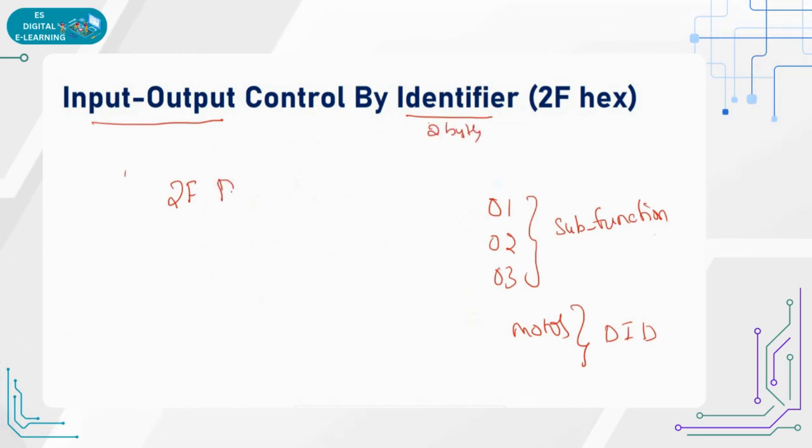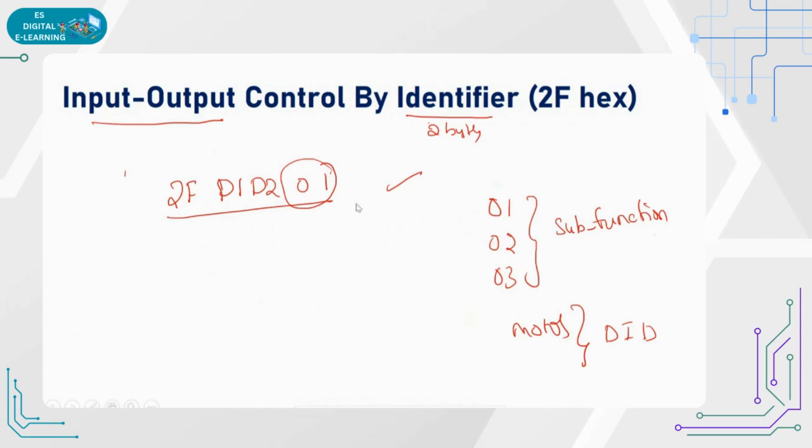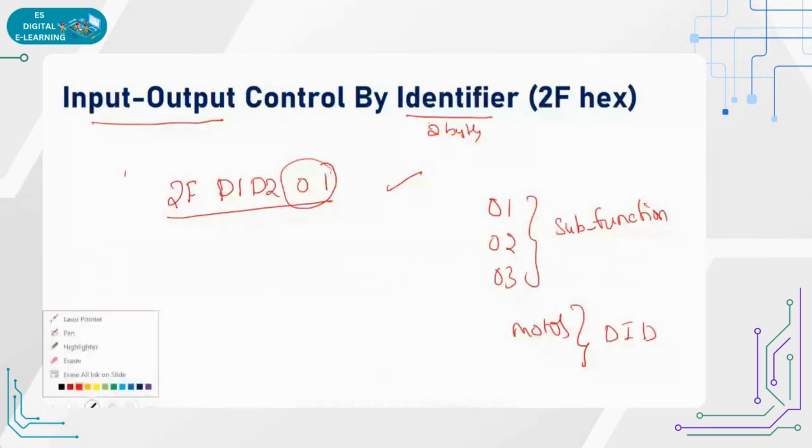So here 2F means D1 and D2, and the sub function means 0, 1. When you send this request, the motor will start immediately, because the sub functions have some specific information. Going forward, we'll understand what the sub functions are and what path they follow.